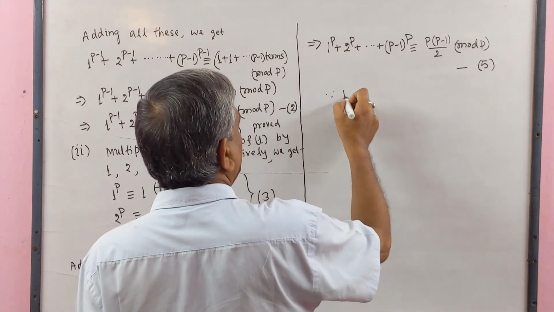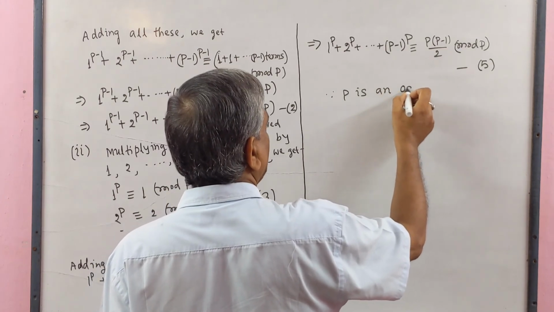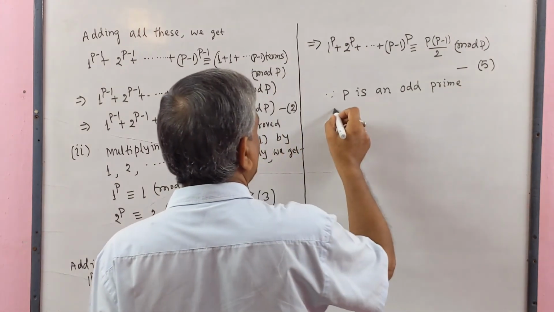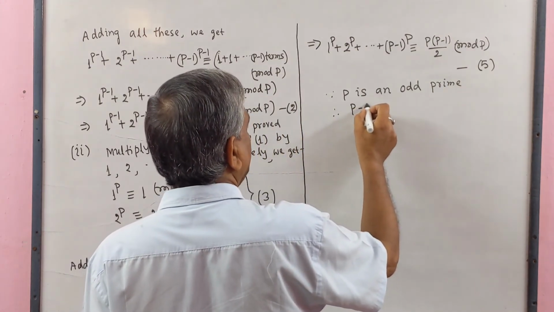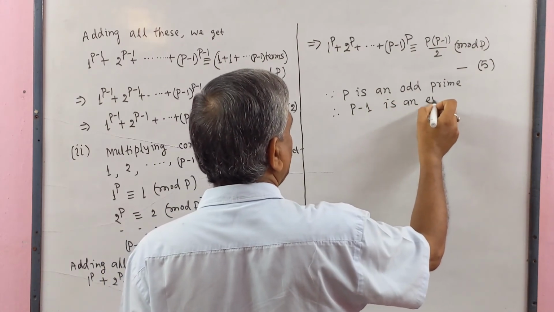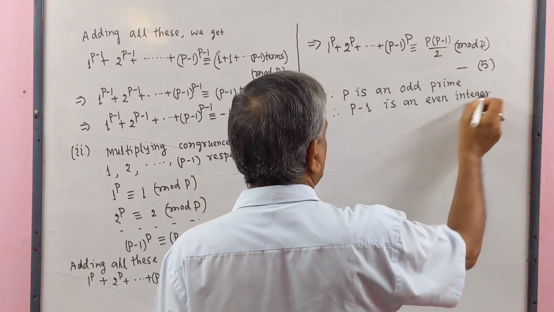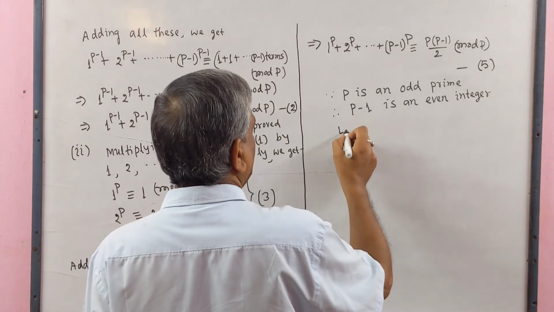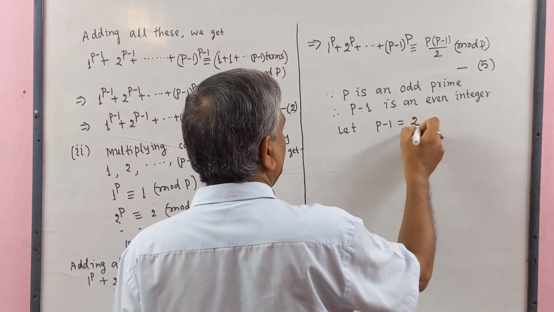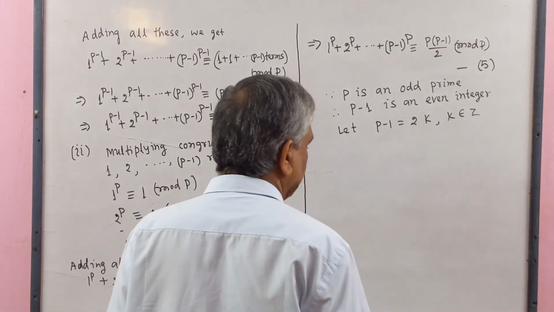Since p is an odd prime, therefore p minus 1 is an even integer. Let p minus 1 equal 2 multiplied by k, where k is an integer.